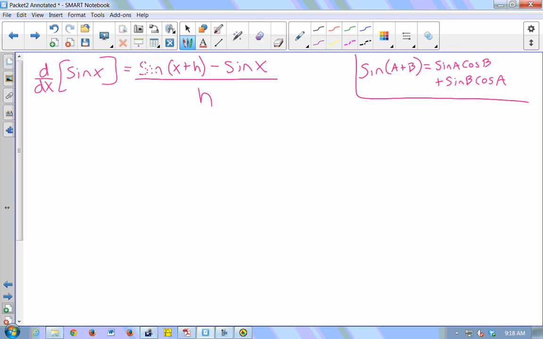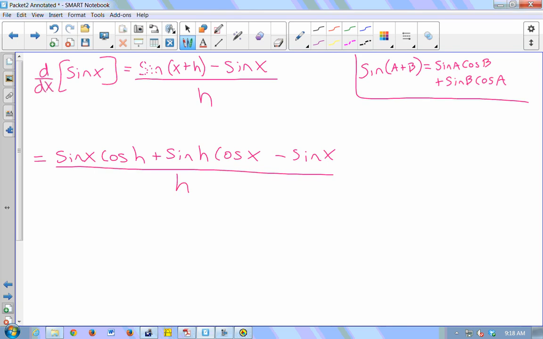So instead of the sine of x plus h, it's going to be the sine of x cosine of h plus the sine of h times the cosine of x. And then this is all minus sine x. Right, so that was just simplifying sine of x plus h. Then I have minus sine x all over h.